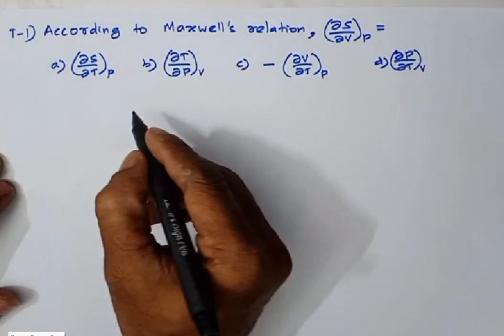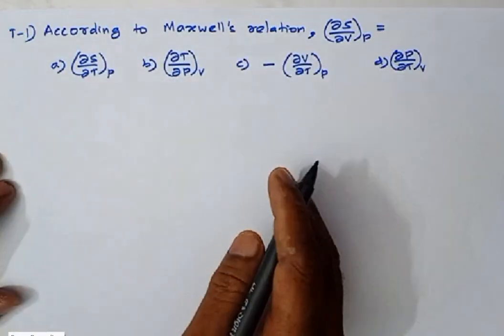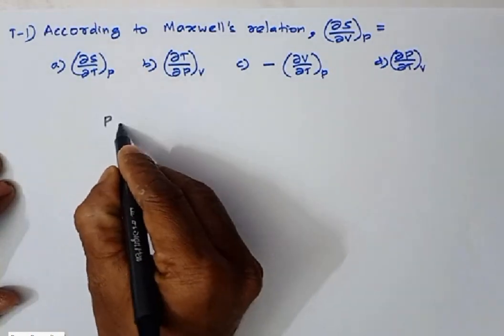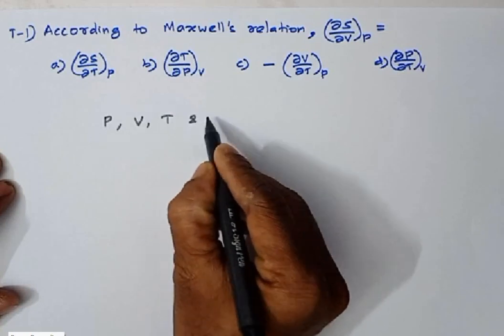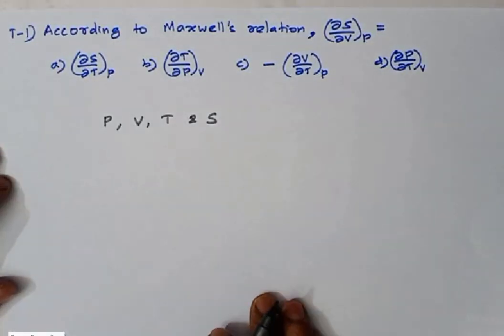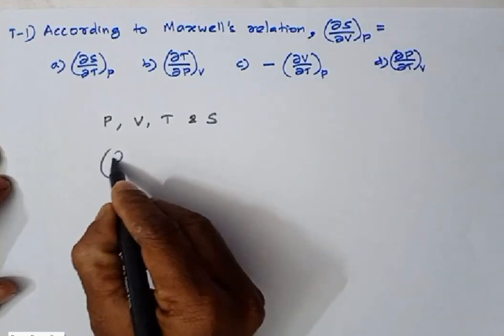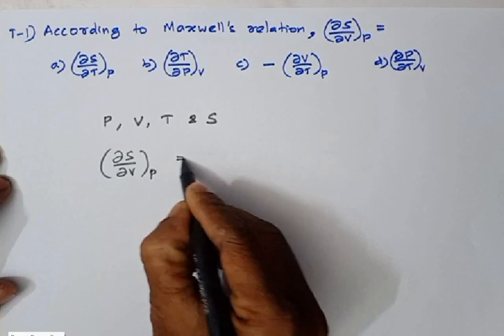I have told you all Maxwell relations: whatever Maxwell relation you take, the relations involve pressure, volume, temperature and entropy. And here what is given? Dou S by dou V at constant pressure is given.